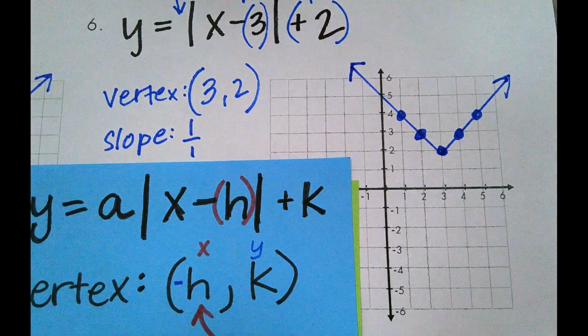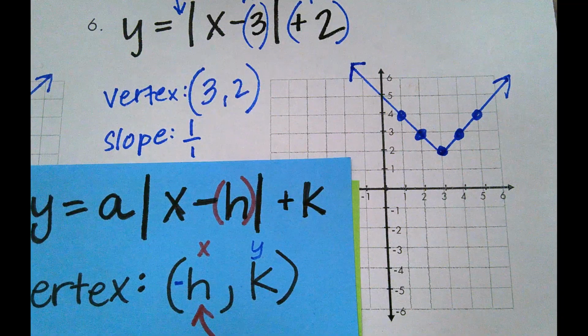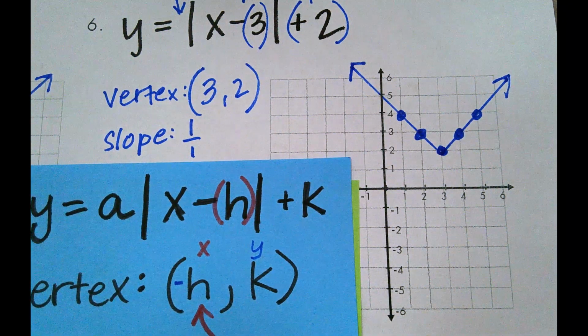Okay, so that was number 6. I'll leave that up for just a moment, and once you finish copying that down, let's pull our day 19 notes back out, and we're gonna write some things, just so we have that guide we just talked about.